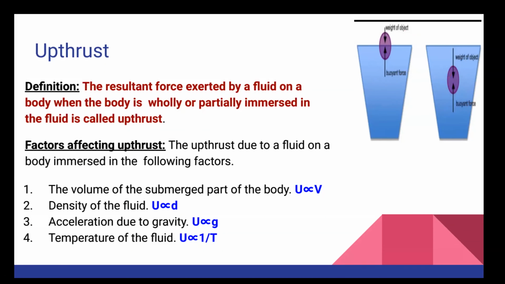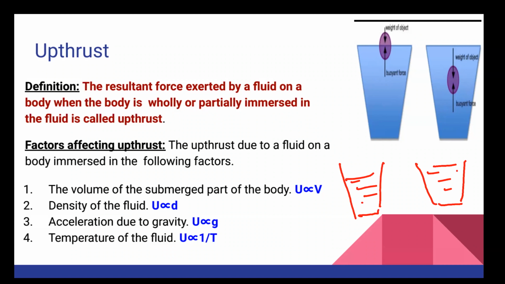The second factor is the density of the liquid. Here, consider a vessel filled with pure water only, and a second vessel filled with salt solution. Salt solution means a mixture of salt and water.